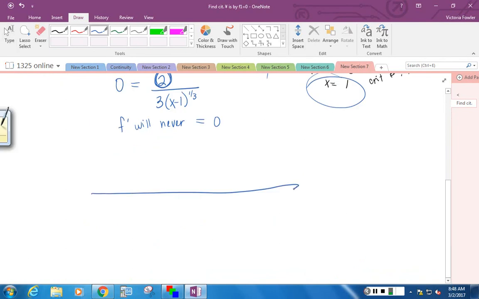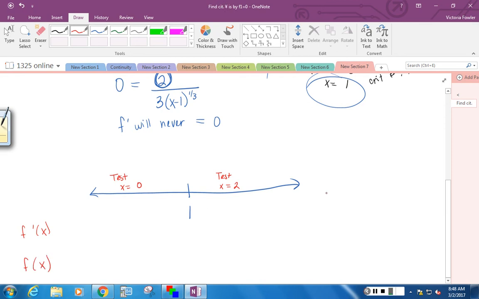But then I go through the motions and I say, well, critical numbers, what I do right away is I stick those critical numbers, in this case just 1, on a number line, and then I'm going to test to the left and right. So let's test 0, and let's test 2, perhaps. This would be easy. And I fill in that I'm going to think about what's happening to f prime, because that will give me information about f of x.